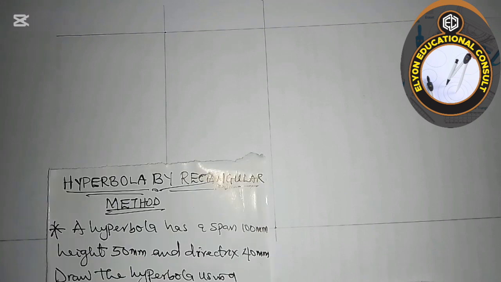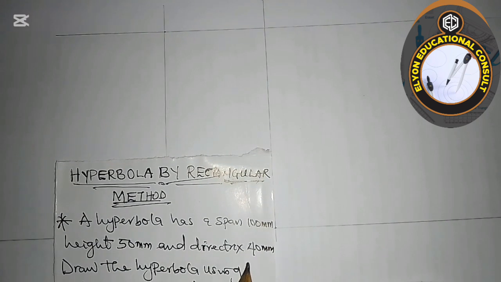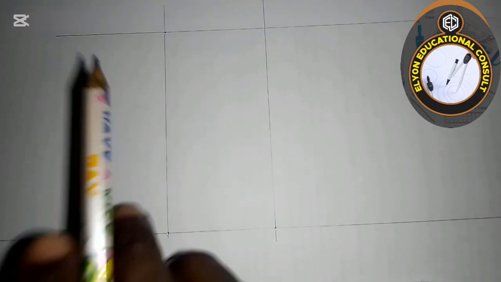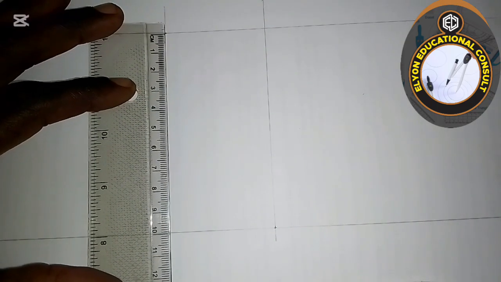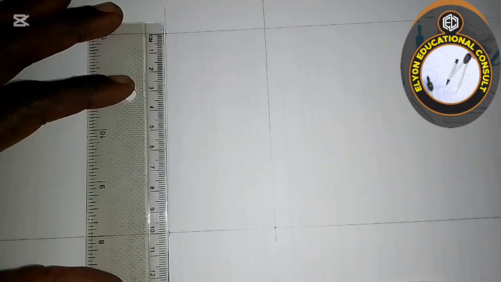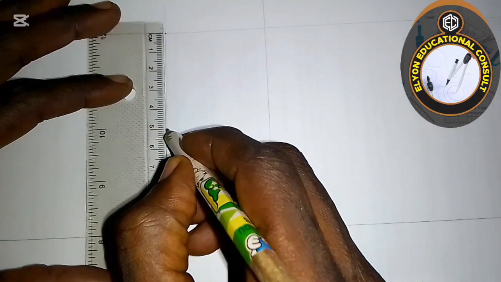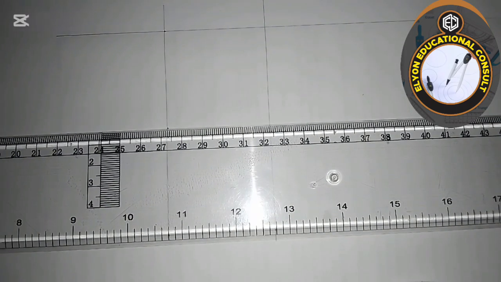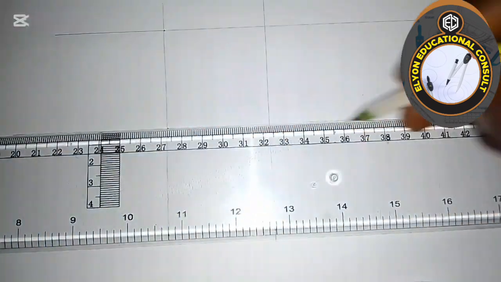The next thing, we are also given the directrix to be 40. So I'm going to take the midpoint of this rectangle, which is 50. From that 50 point I will draw a horizontal line this way.